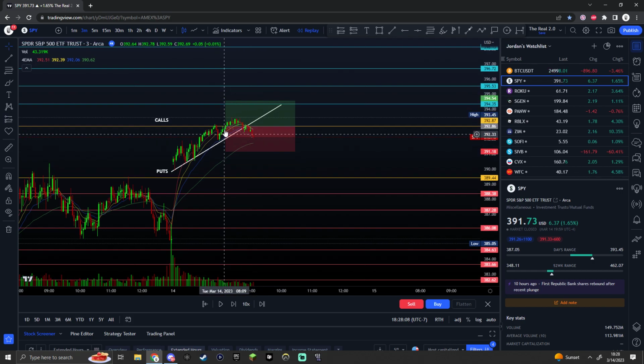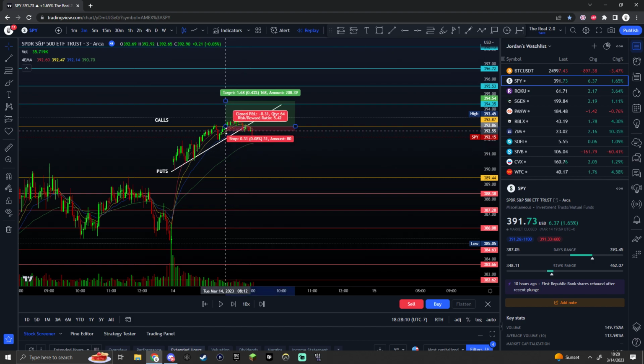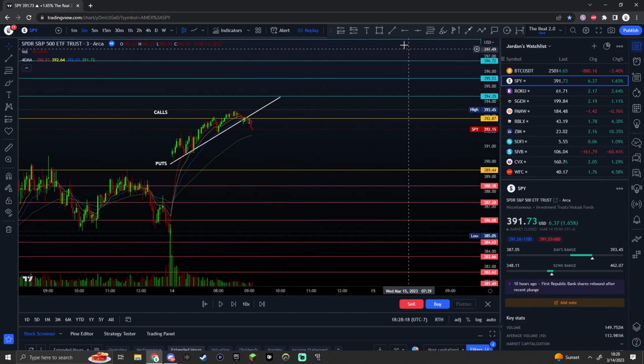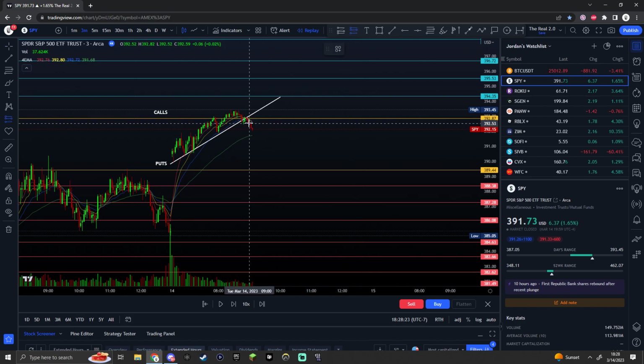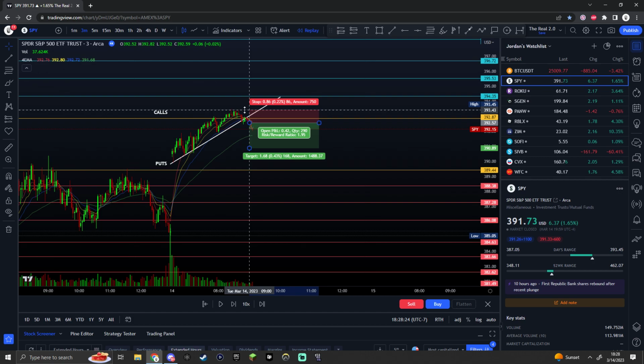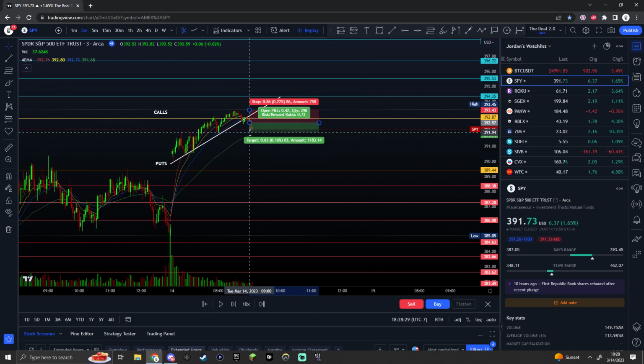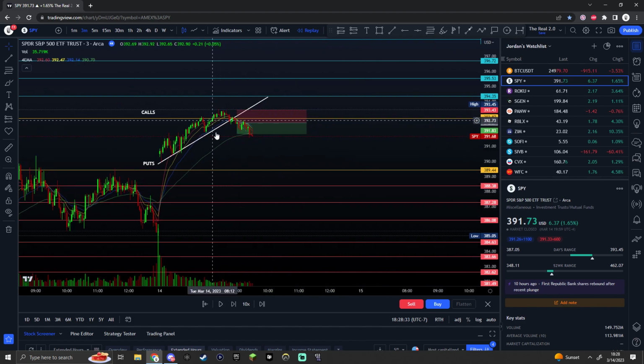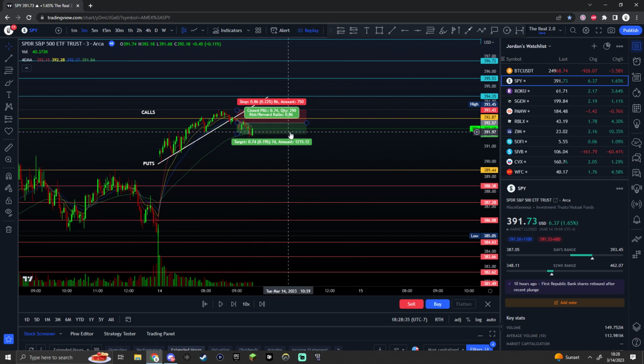You could have gotten in on that break, stop loss under here, price target wherever you want. But me personally, I would take this break. This was a nice break right here. Have your stop loss above those highs. Target this low maybe.